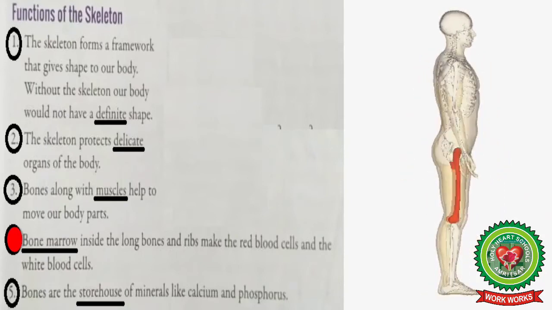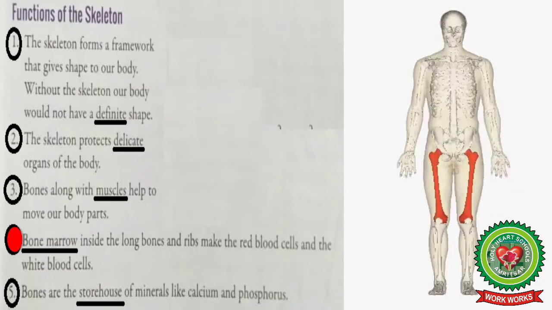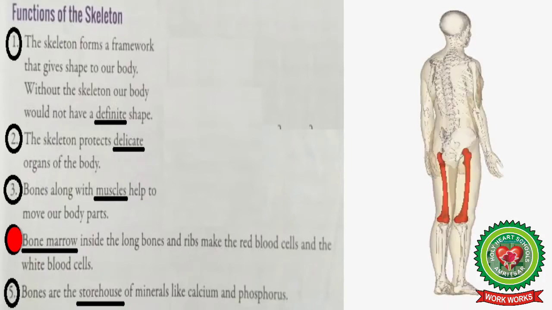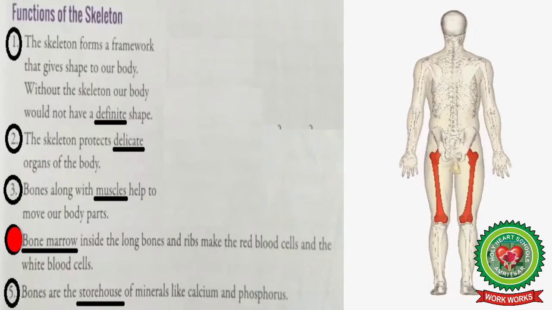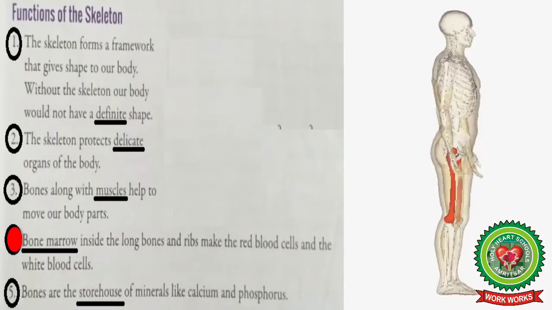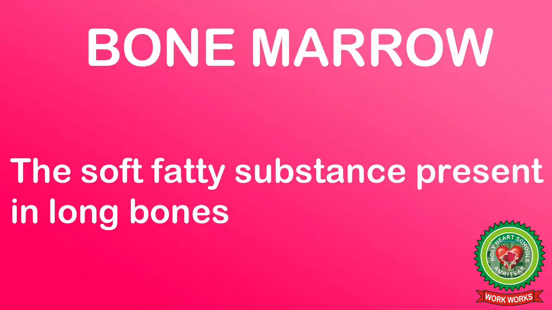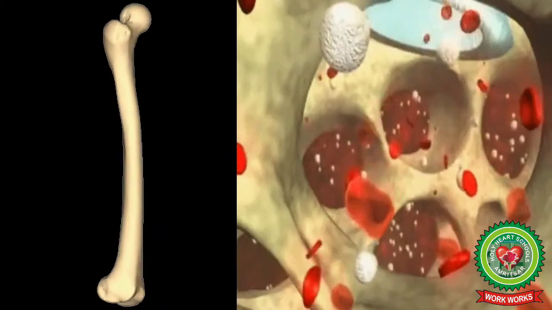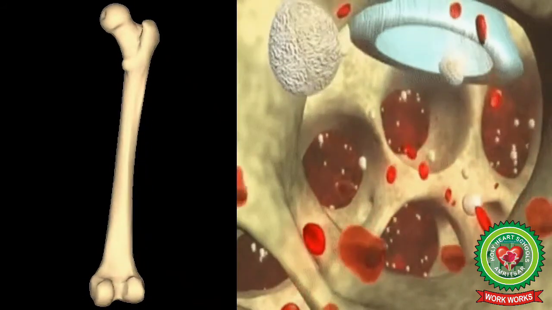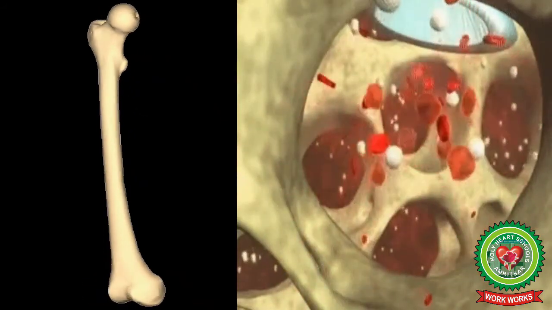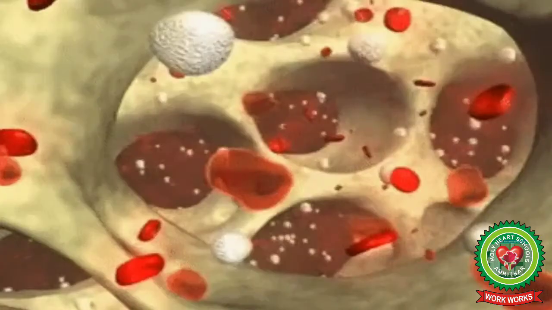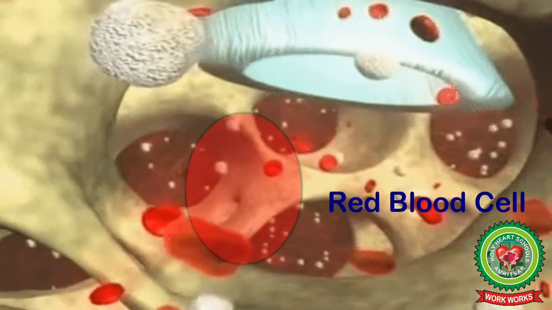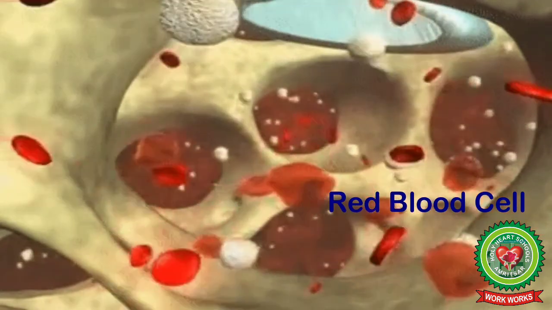Students, bone marrow inside the long bones and ribs makes the red blood cells and the white blood cells. Underline the word bone marrow and write down its meaning: the soft fatty substance present in long bones. So students, there is a jelly-like soft fatty substance present in long bones called bone marrow, and in bone marrow red blood cells and white blood cells are made.